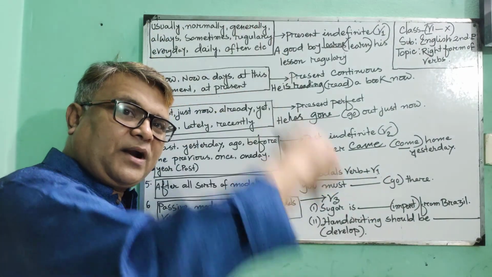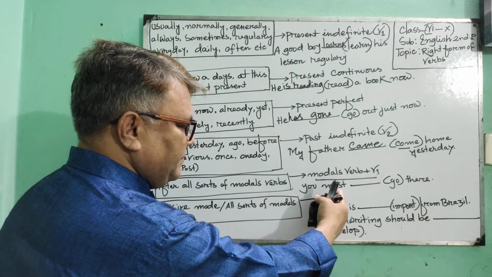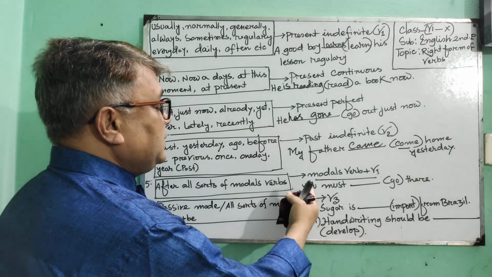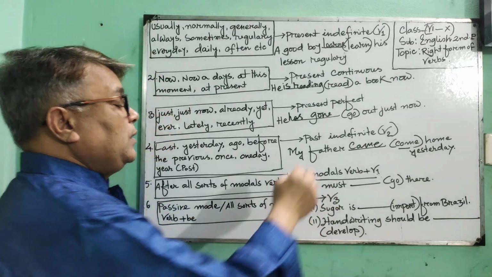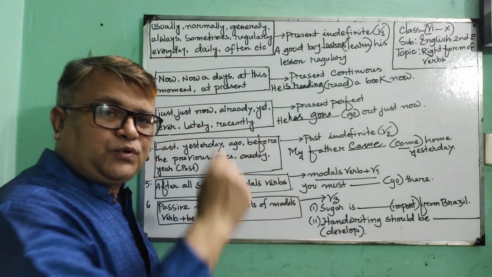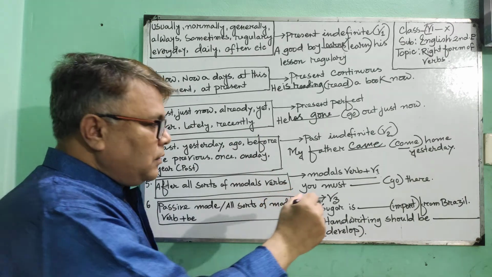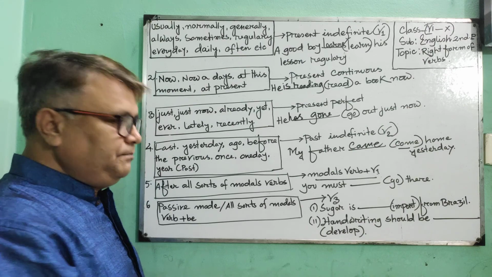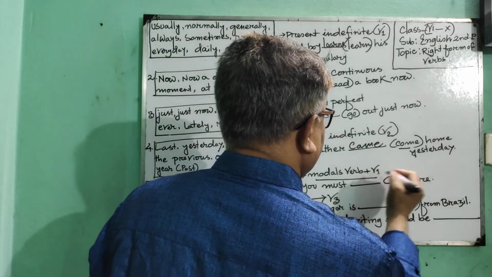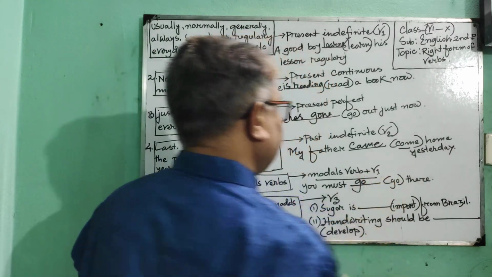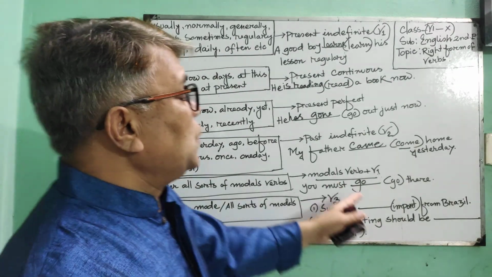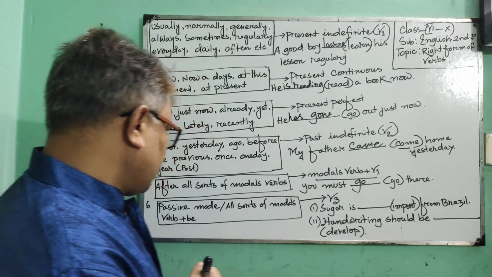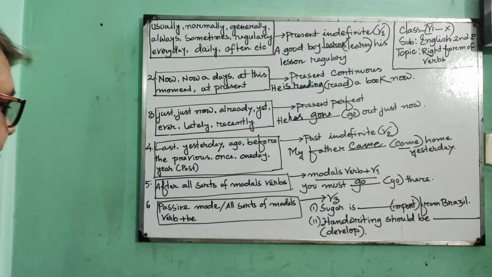So after a modal verb, for example you must, we have to place the present form of the main verb or principal verb, that is go. You must go there. It's okay? Okay.